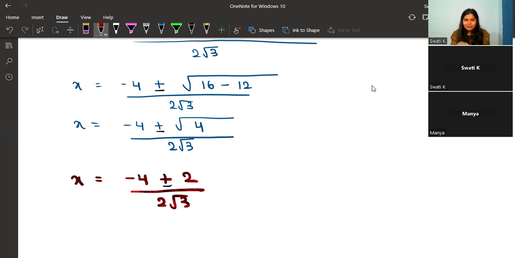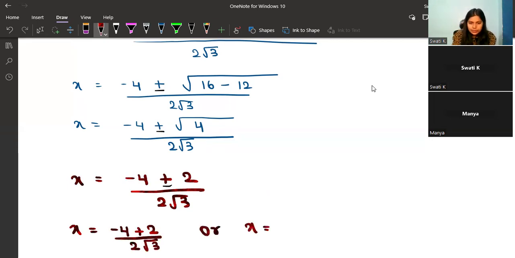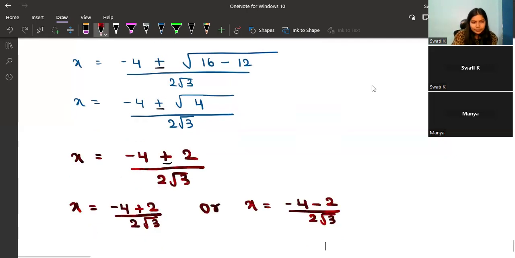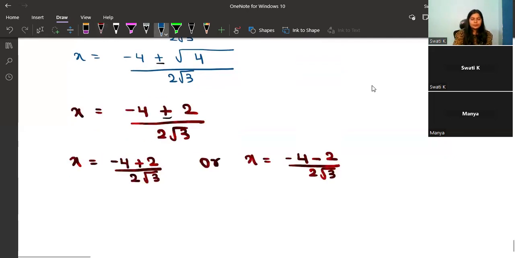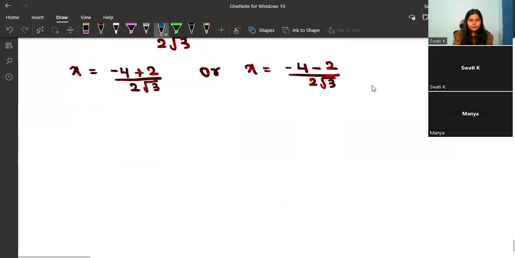So you have got this question also. Tell me. x equals minus 4 plus 2 upon 2 root 3, or x equals minus 4 minus 2 upon 2 root 3. Very good. Next step. x equals, what is minus 4 plus 2?